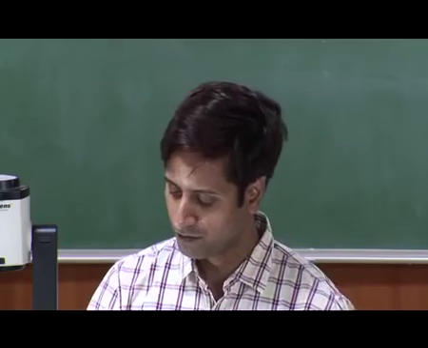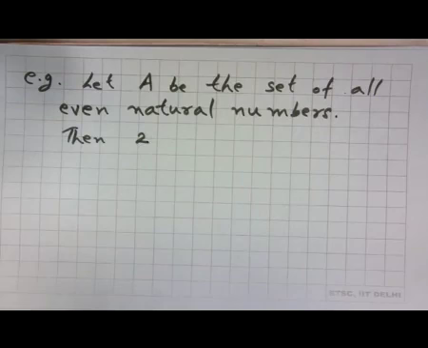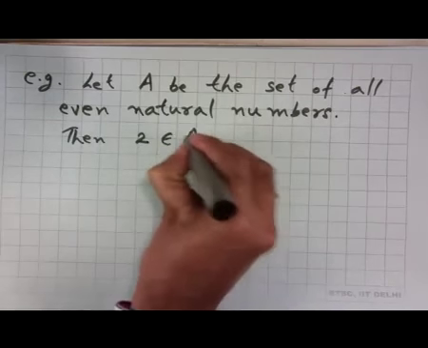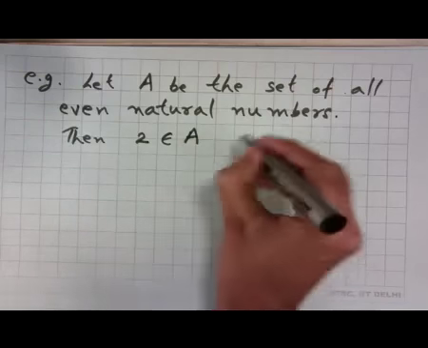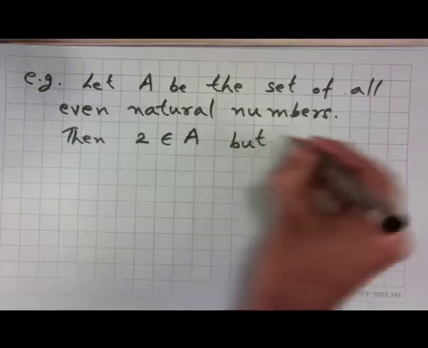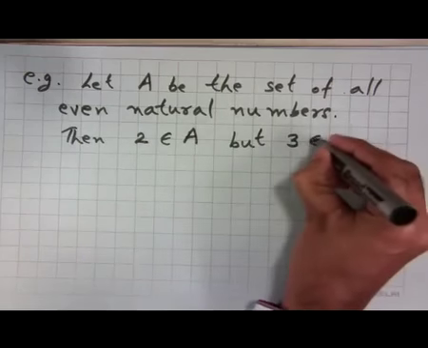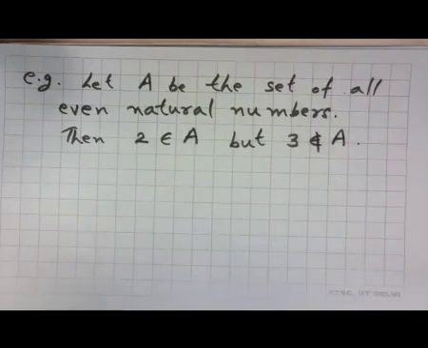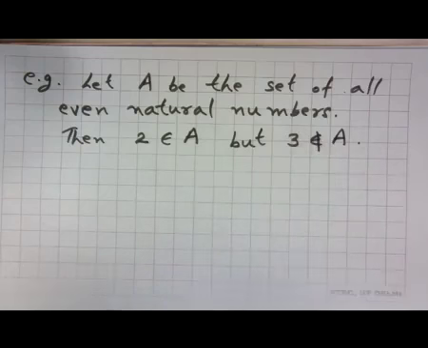So, then the natural number 2, this is an element of the set A, right. We write 2 belongs to A, but the natural number 3, this is an odd number, not an even natural number. So, 3 is not in the set A. So, for not an element of A, we cross this epsilon.